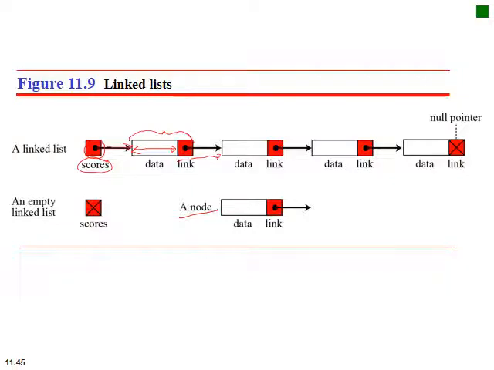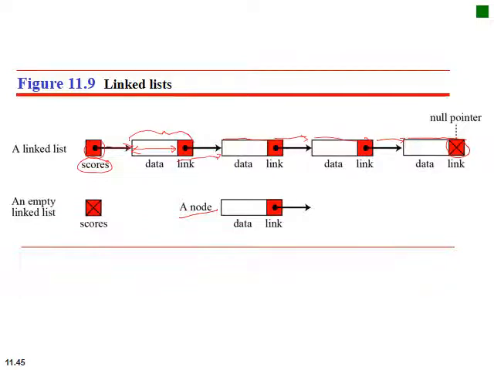Then we have the node again, and then the pointer to the next node, and so we continue. And the last one you will see over here does not have something pointing, which is indicated by this cross. It means that its link is empty or contains the null pointer.